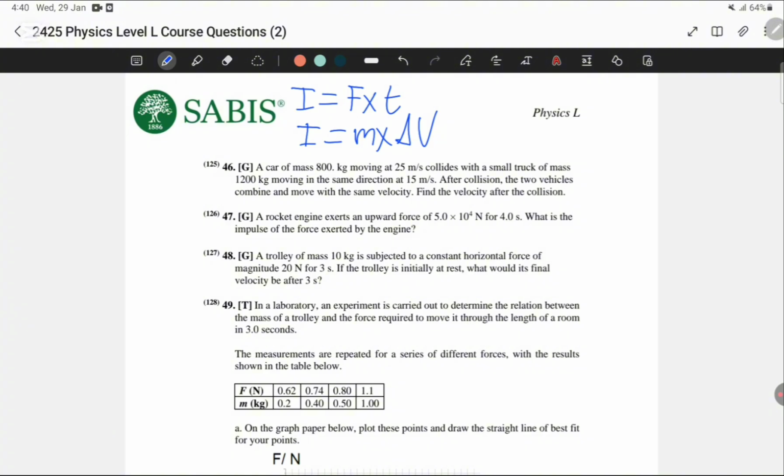Here we have the force and time. So what we are going to do is 5 times 10 to the power of 4 times 4.